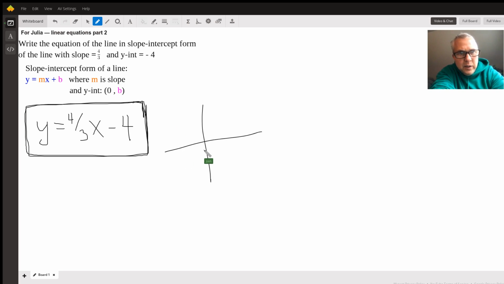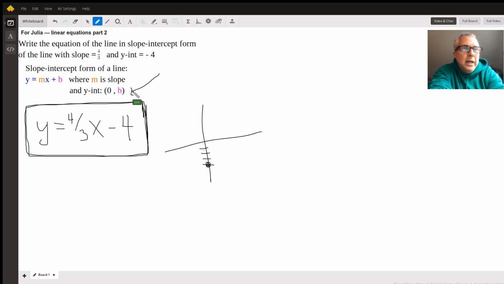They haven't asked you to do that, so that's a good deal. If they did, you would put the y-intercept. Notice that the y-intercept, even though it's a point, is represented just by the number b, whatever b is.